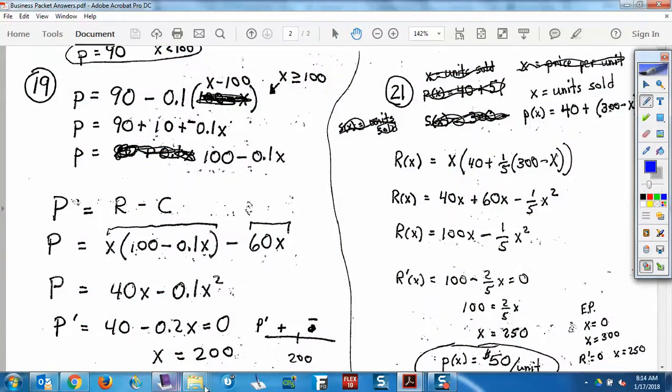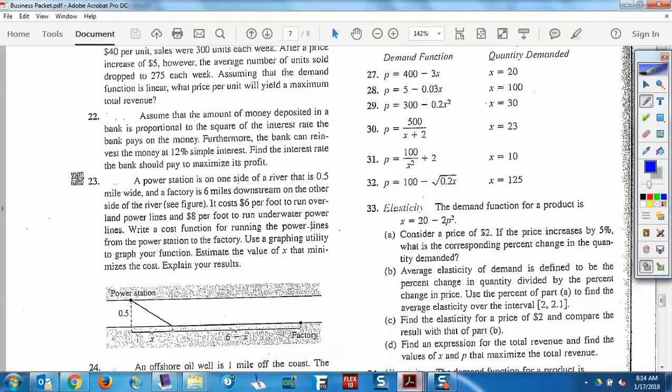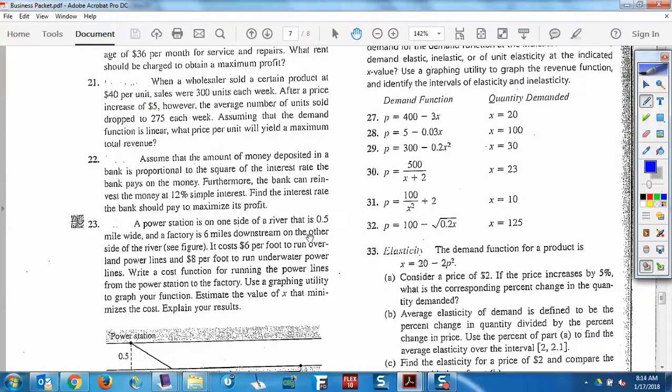I got to remind myself here. Oh yeah, okay, we're a certain product, $40 per unit, 300 units, but if the price goes up $5, then demand drops by 25 units.